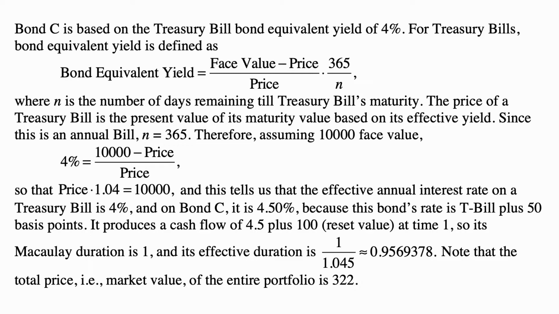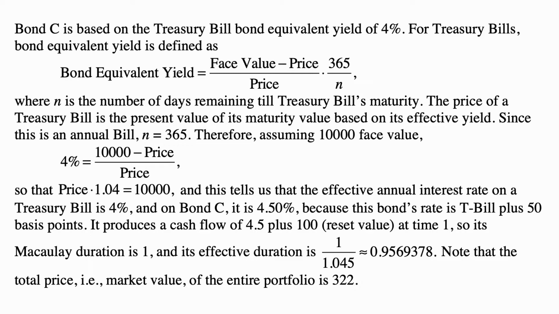Since this is an annual bill, n is equal to 365. Therefore, assuming 10,000 face value, 4% bond equivalent yield must be equal to 10,000 minus the price, divided by the price. And so the price times 1.04 is 10,000. And this tells us that the effective annual interest rate on the Treasury bill is 4%.